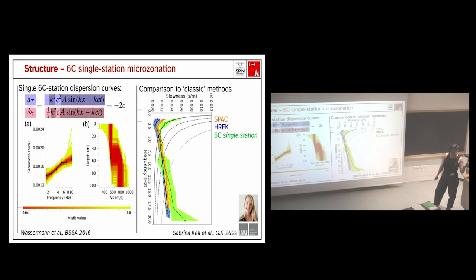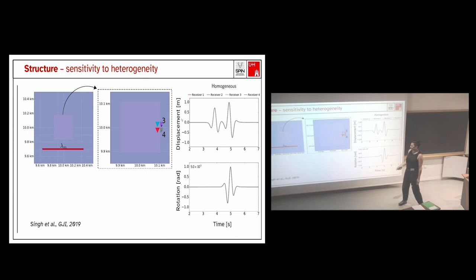We saw earlier from the sensitivity kernel that we're mainly sensitive to the local structure, and that is something that was explored by Sneha Singh a couple of years ago during her PhD. She wanted to figure out how sensitive these rotation, or more generally gradient measurements, are to local heterogeneities.